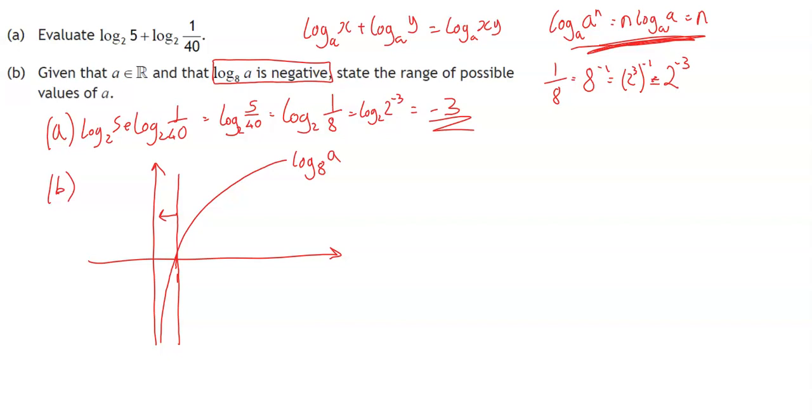So we're able to say that a is less than 1, but go back to what I said a moment ago, where it gets closer and closer to the y-axis but never physically touches it or crosses it. It also has to be bigger than 0. So for it to be negative, the value has to lie somewhere between 0 and 1. So 0 less than a, less than 1, there's the range of possible values for a where we want log to the base a to be negative.